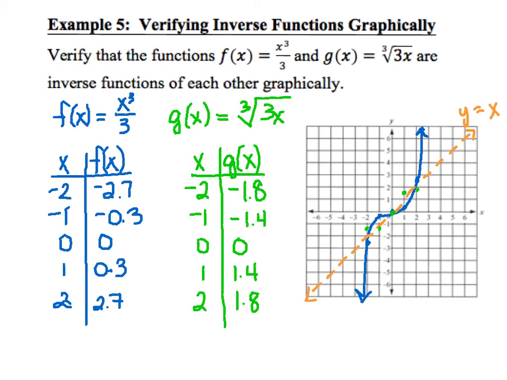So when you finish plotting this graph, you're going to end up with something that's going to look like this. Which looks like it's going to reflect over your y equals x line. So since those reflect, then we're going to say, yes, these are inverses. And there you go.